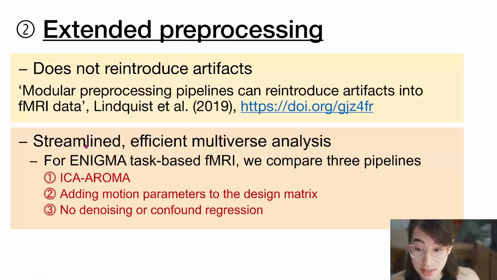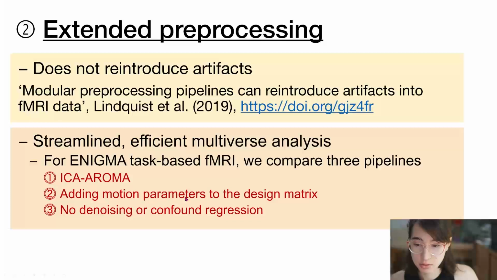So the other thing that HALFpipe allows you to do is a streamlined, efficient multiverse analysis. So what is multiverse analysis? Multiverse analysis is comparing different pipelines and seeing what they do to your data. So for example, for ENIGMA task-based fMRI, which is the project I'm working in, we are comparing 3 different pipelines, one with ICA-AROMA, and 2 that don't have ICA-AROMA, but instead use motion parameters as a substitute.